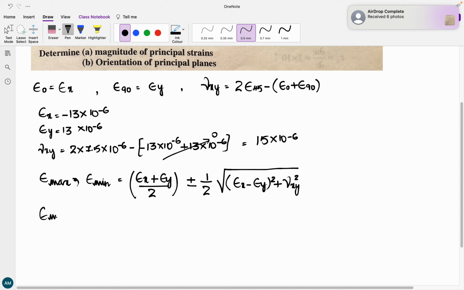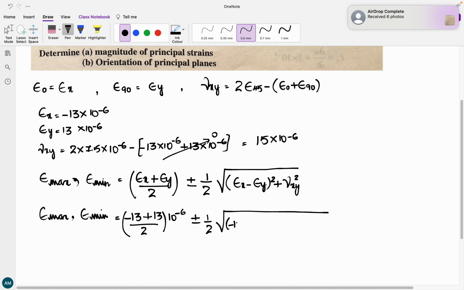So we can write epsilon max comma epsilon minimum as, let us substitute minus 13 plus 13 by 2, taking 10 to the power minus 6 common outside, plus or minus 1 by 2 under root of minus 13 minus 13 into 10 power minus 6 this whole square plus 15 into 10 power minus 6 the whole square.